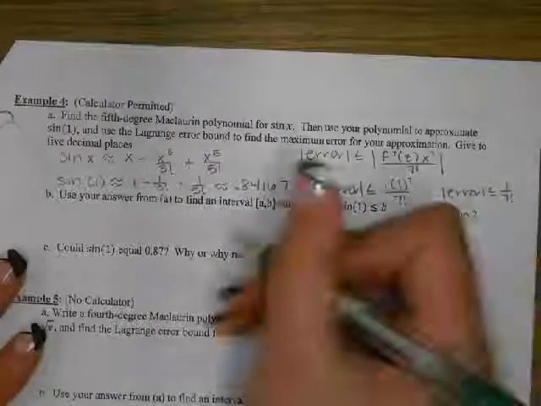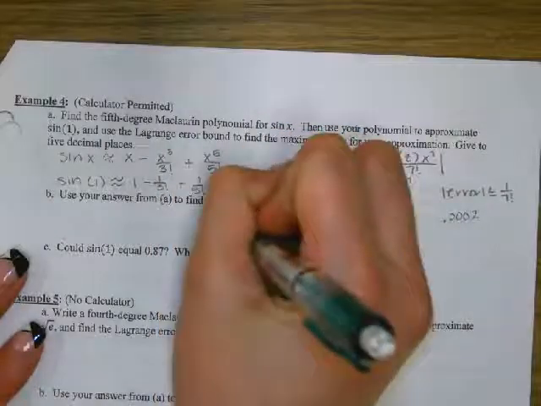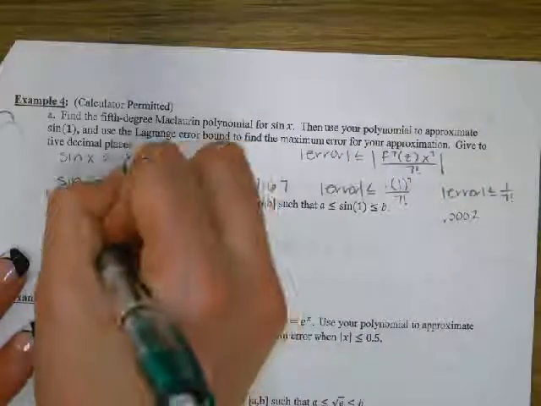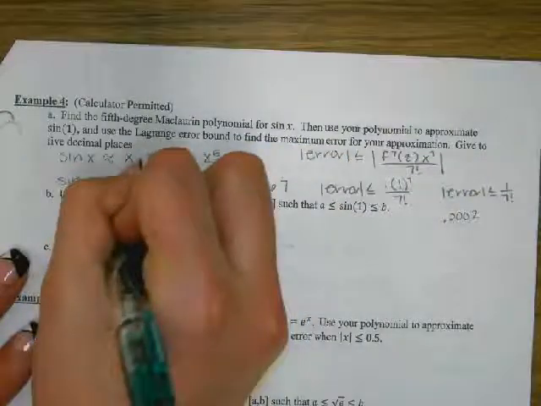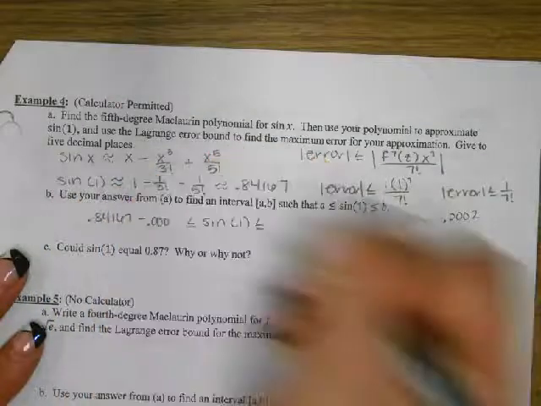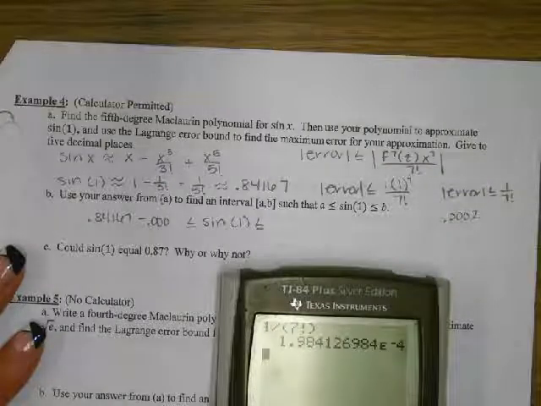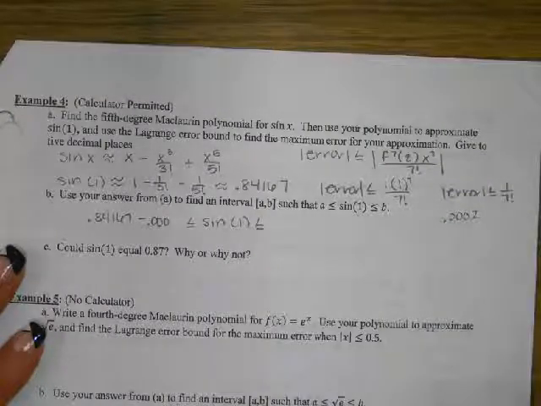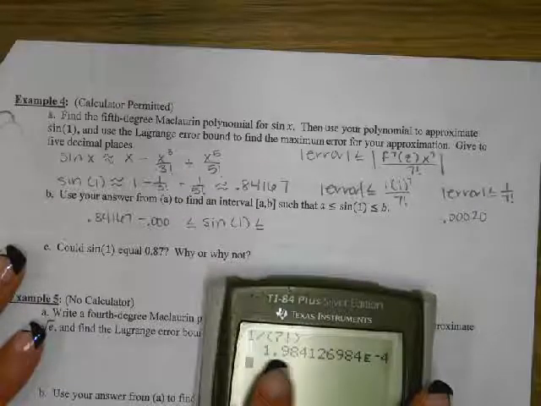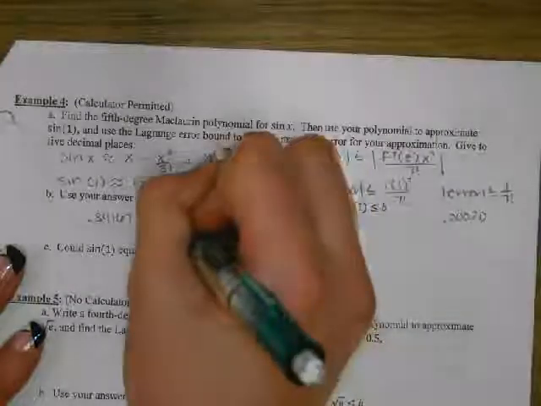So that means if we want to find the interval, then we're going to say that sine of 1 is in between 0.84167 minus 0.000, well, it said 5 decimal places, 20. Sorry. The 19 is followed by an 8, so it'd be a 20.